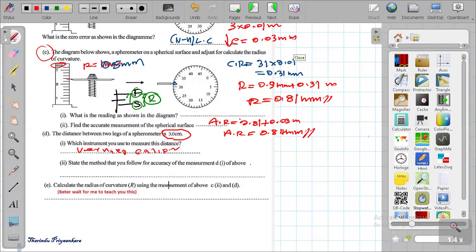What is the method I said? I said calculating the average to omit possible random errors.